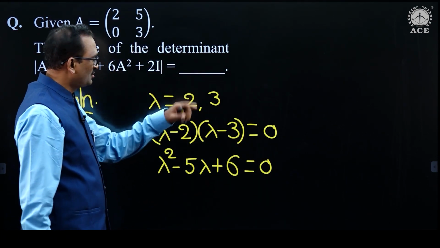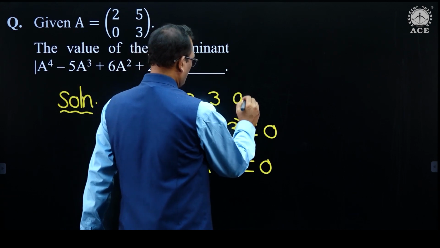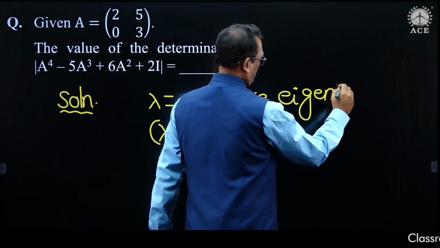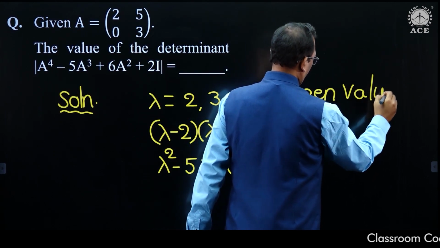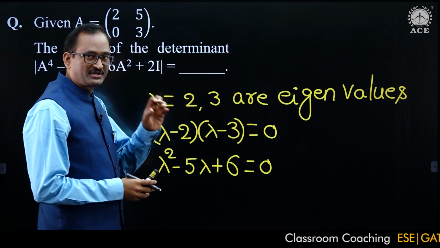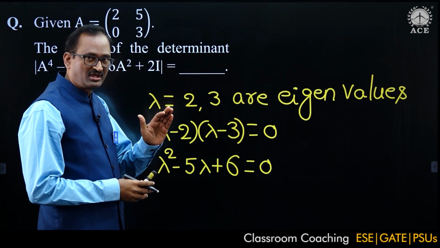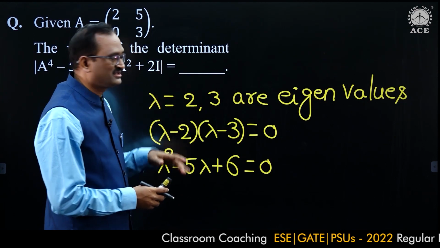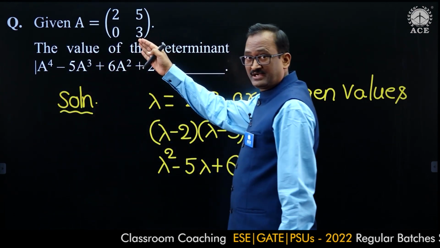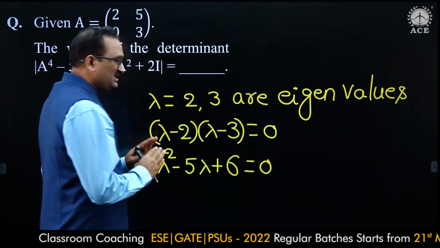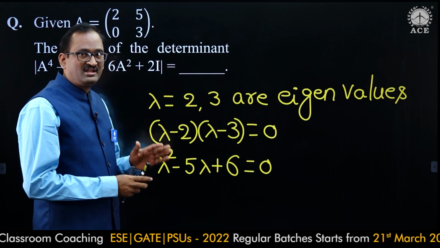Lambda is equal to 2, 3 are the eigenvalues, because the eigenvalues of an upper triangular matrix, a lower triangular matrix, or a diagonal matrix are simply its diagonal elements. This is an upper triangular matrix, not a lower triangular matrix. Now, this is the characteristic equation.